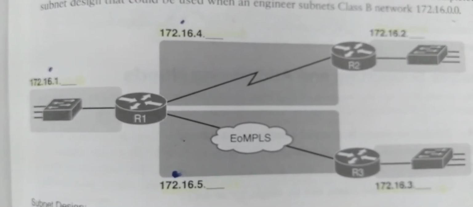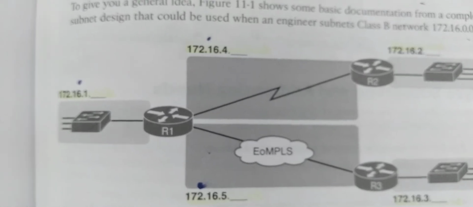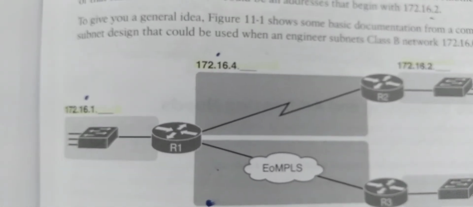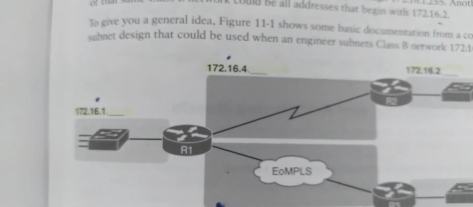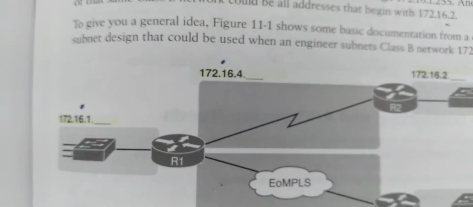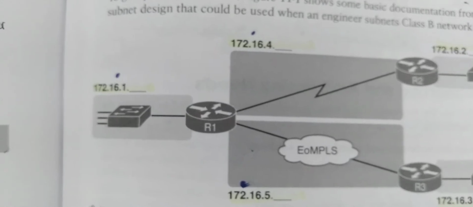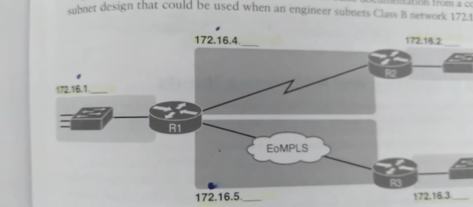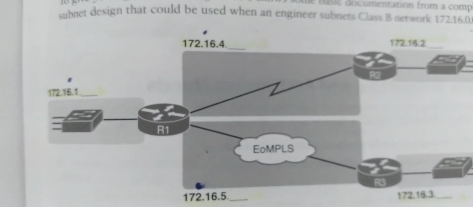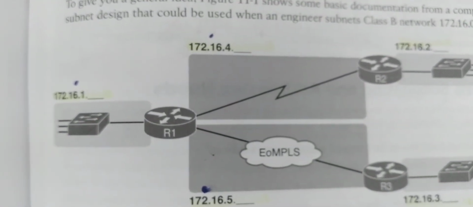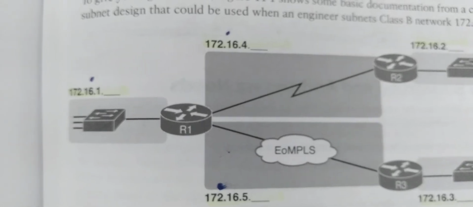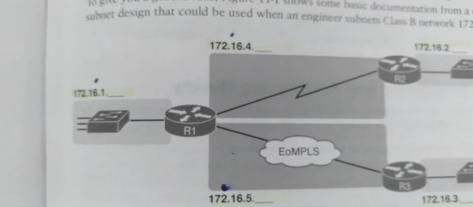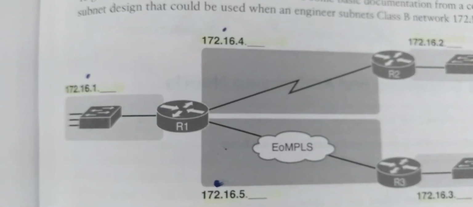a Class B network, as shown in this diagram, network is 172.16.0.0, which you can see that's a private address, consists of all IP addresses that begin with 172.16. So that's what they have in common, 172.16.